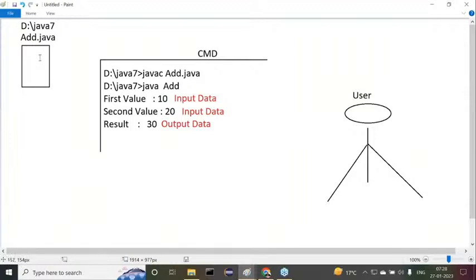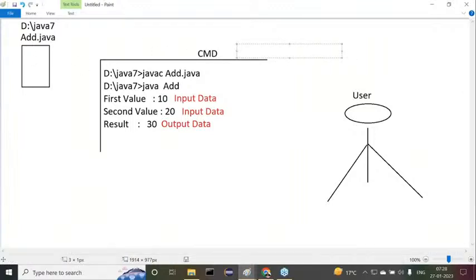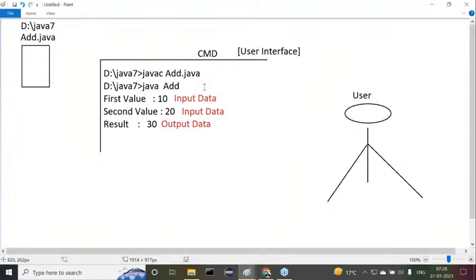From the point of view of the program, if you stand at the program, this command prompt is acting as a user interface. This is an interface. An interface is the middle one between the program and the user, and it provides an environment to interact with our program. What is the requirement of interacting with the program?